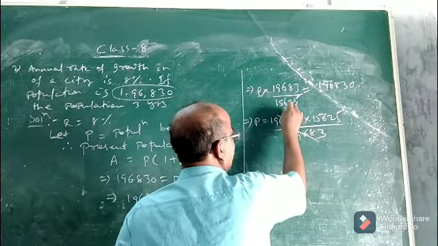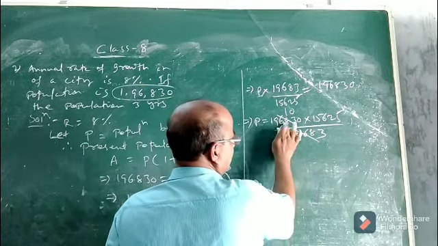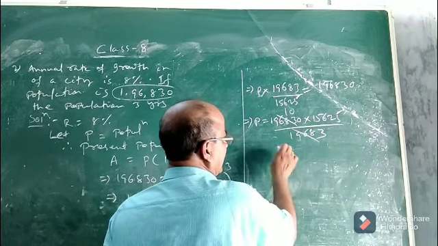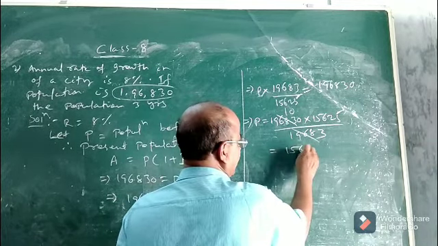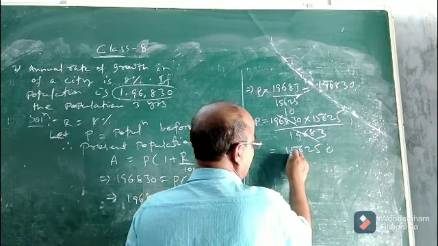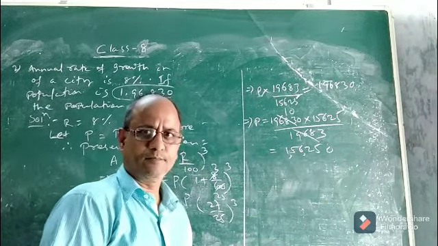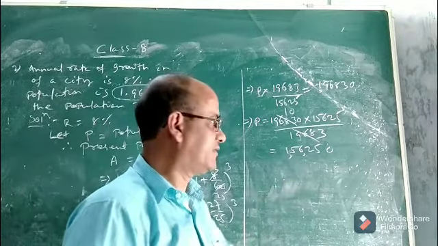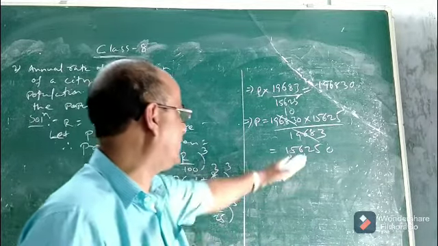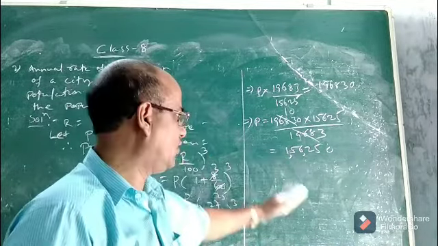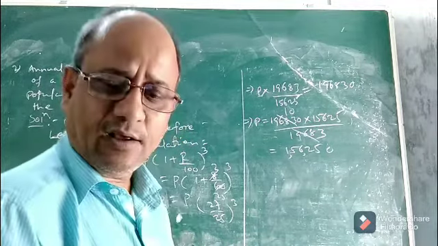Cancel it and you will get 10, and it will be 1,56,250.